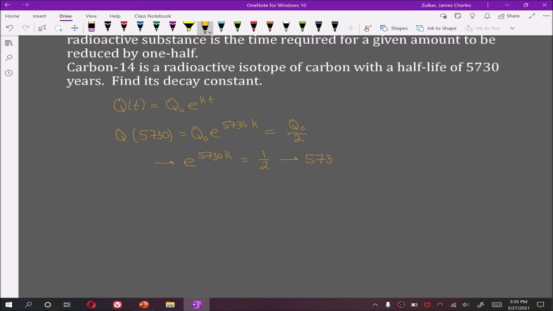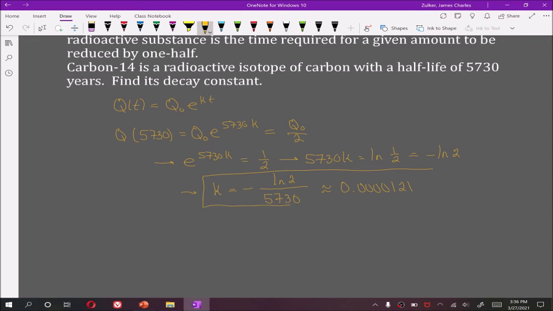So 5730k is equal to the natural log of 1/2, which is also negative natural log of 2. Therefore, our decay constant k is negative log 2 over 5,730, which is approximately 0.00000121.